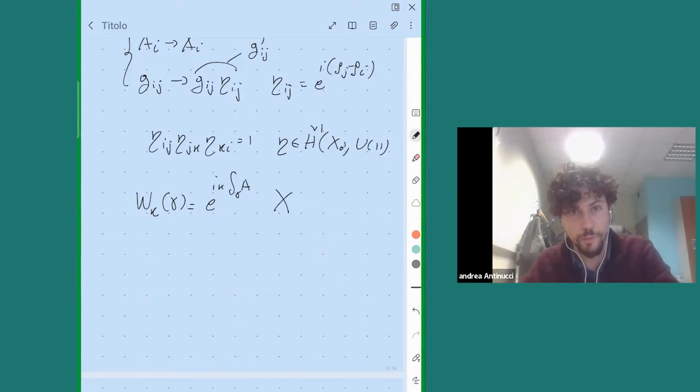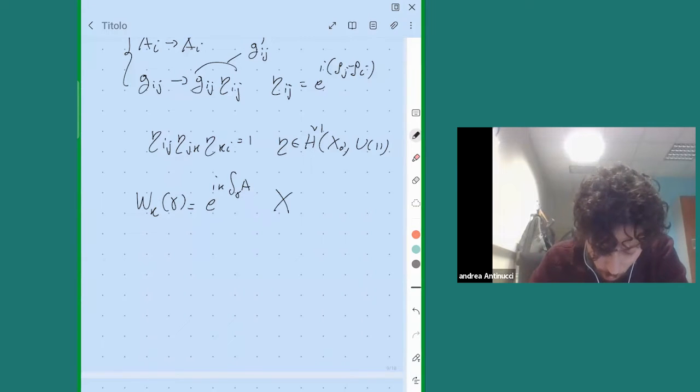Connections are not one-forms. Connections are locally defined one-forms. So if you want to integrate a connection over a curve, you have to be much more careful. And so you can do it locally, patch by patch.